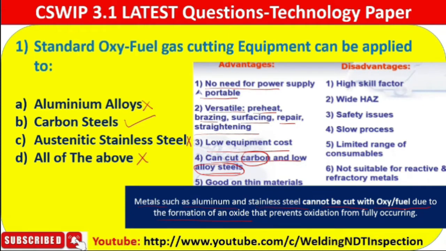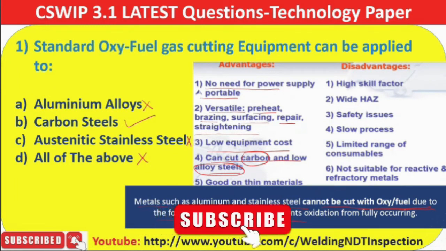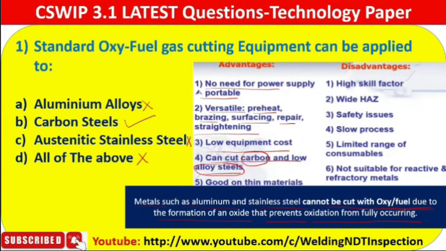If there is oxide formation in stainless steel and aluminium, that prevents oxidation from fully occurring. That is the problem in aluminium and stainless steel. So the correct answer will be option B.